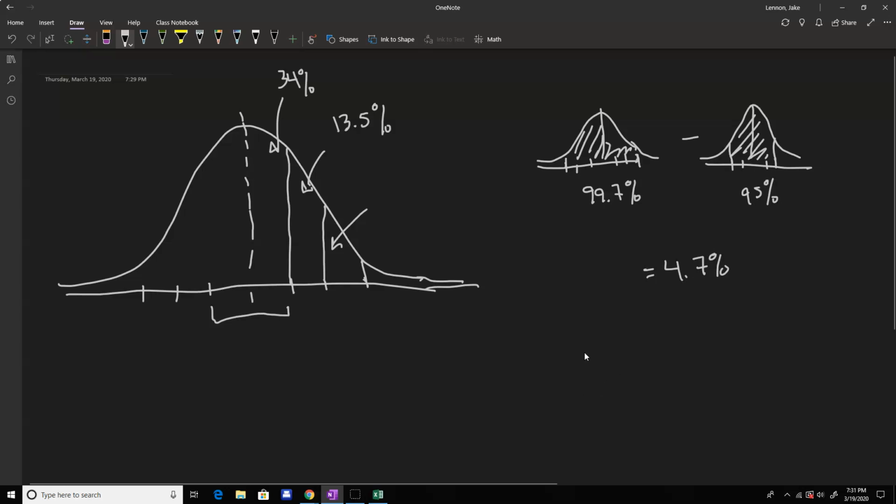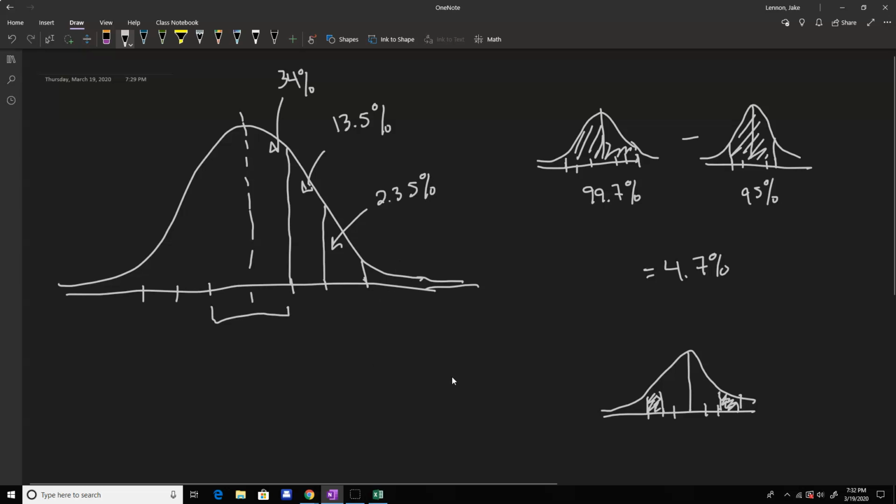And what that would be leaving you with is the 2 pieces from the middle, 1, 2, 3, so from here to here, and 1, 2, 3 from here to here. So if you look at both of those areas added together, they're 4.7%, so if you divide by 2, you would get this area, which is 2.35%.